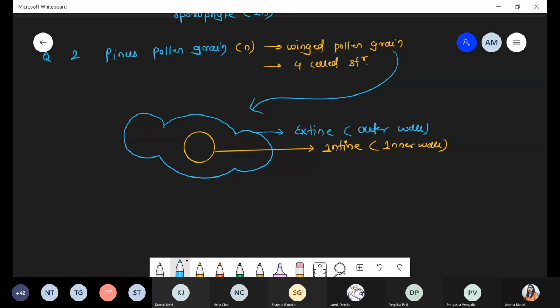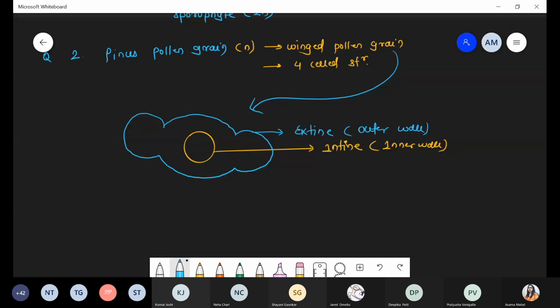So in Pinus there is a winged pollen grain which is haploid in nature. Two walls are present around the pollen grain: the intine layer is the inner wall, and the exine layer is the outer wall. The exine shows expansion and forms a wing-shaped structure. That's why we say these are winged pollen grains.